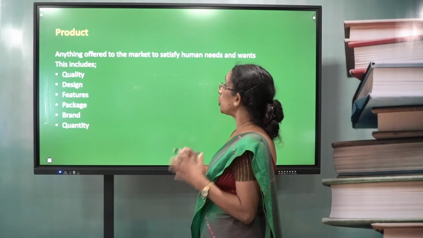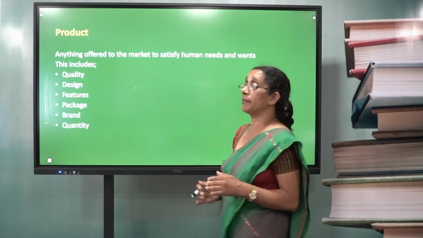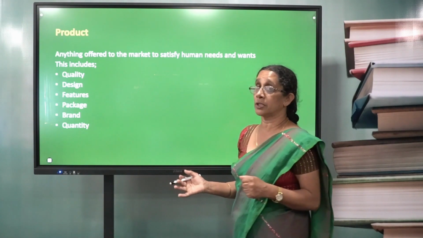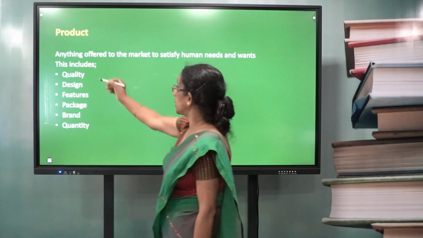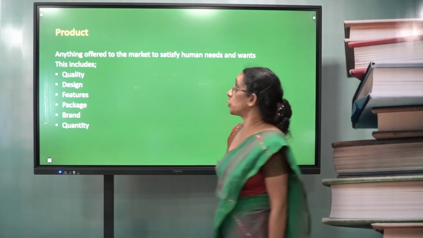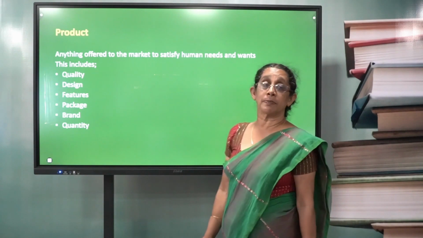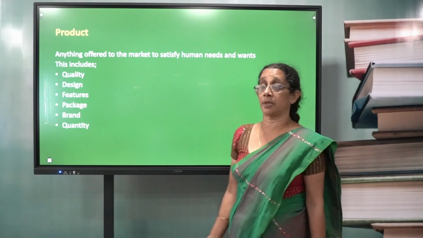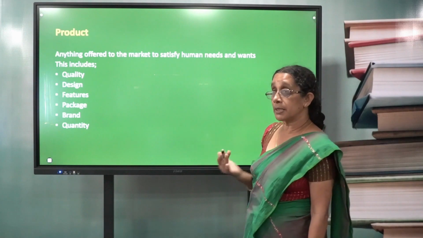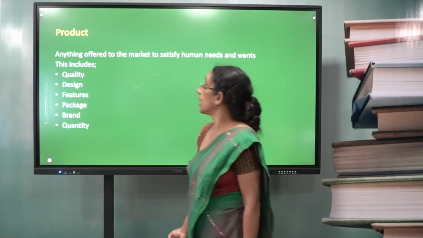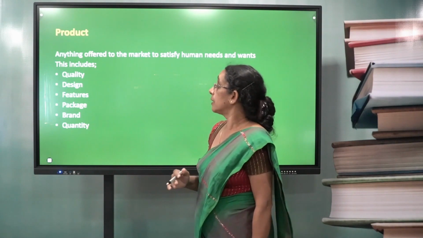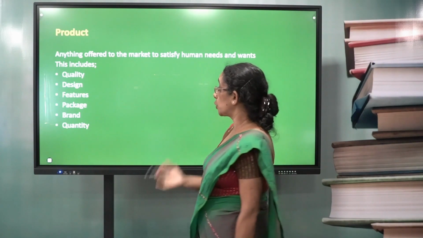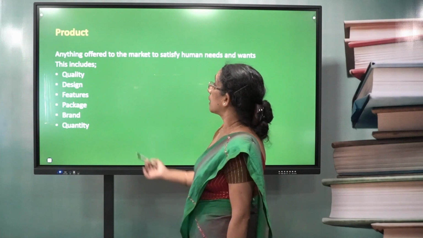And when businesses consider product in the marketing mix, they have to consider these things. Quality. Businesses always try to produce best quality products to satisfy customers so they can increase their profits. And design. They always try to design the product that is suitable for customers.